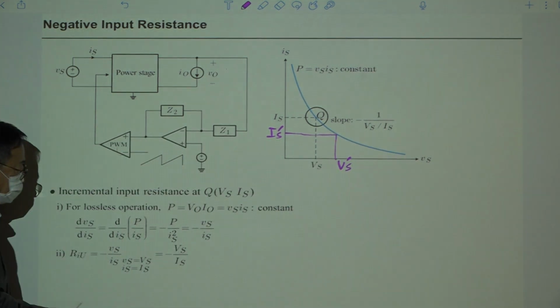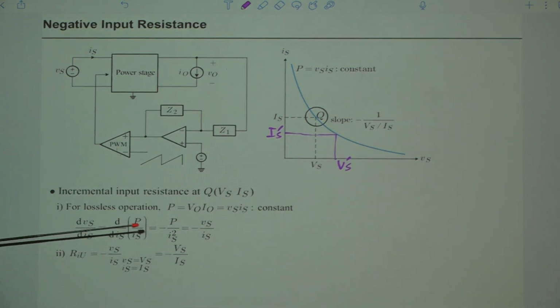That can be easily found here, just by taking the derivative of this, and the result is this. RIC. This should be RIC.